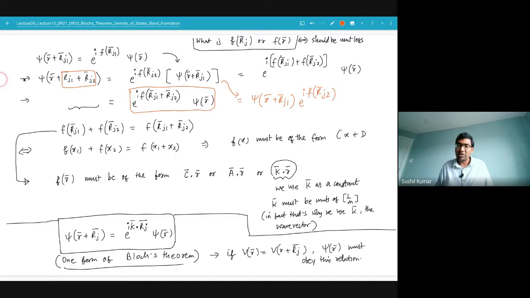Right here, you can take this on the left hand side and split it up for just the rj2. Then you can split this again, and that gives you psi of r e to the power i f of rj1, and then you also had e to the i f of rj2.